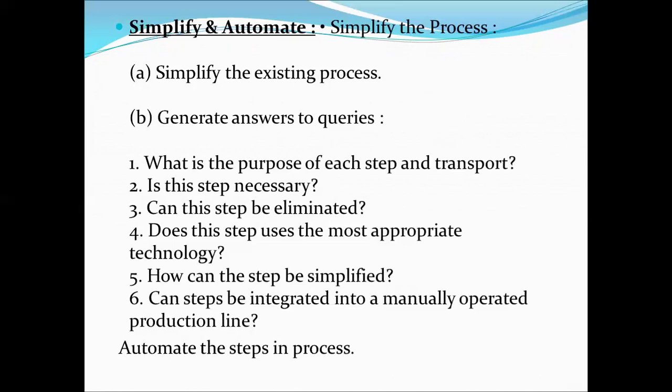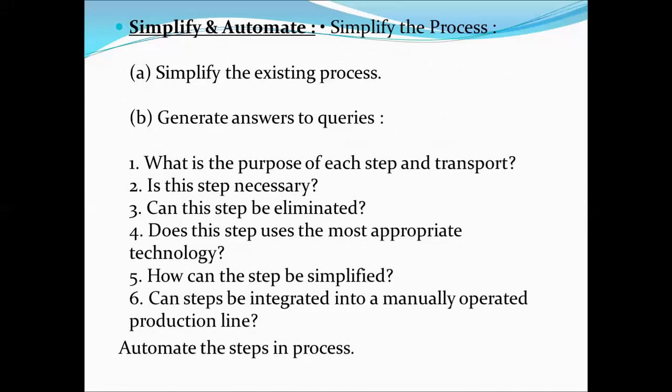Sometimes we use a partly automated system. Partly automated means there are some AGVs or machinery like CNC or NC machines which work on programming. So we can transfer the part from one place to another place, or some movement can be done manually along with the automated system.